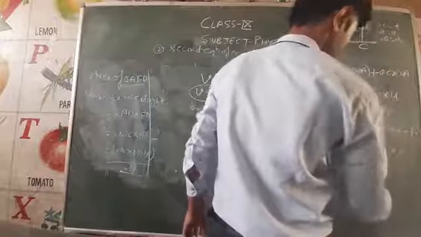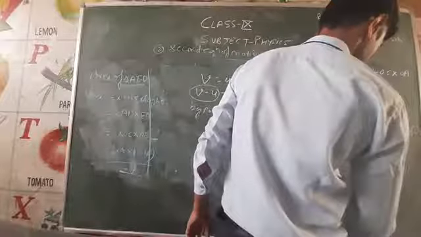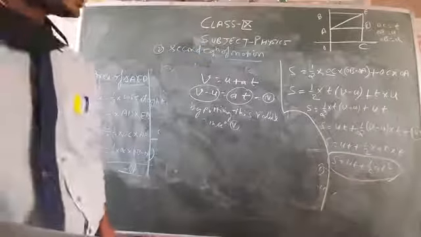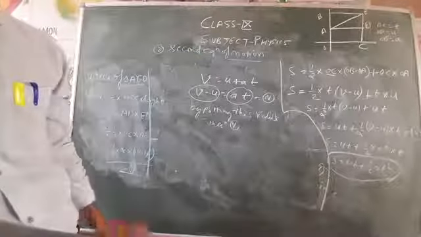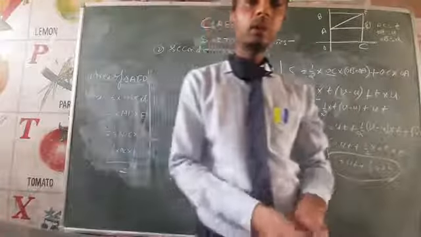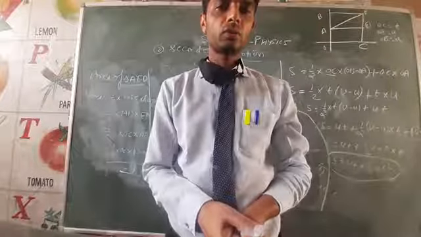So s is equal to ut plus 1/2 at squared. This is the second equation of motion. I hope you understand. The third equation of motion I will prove in my next video. So you have to try and write it in your notebook. Thank you very much.